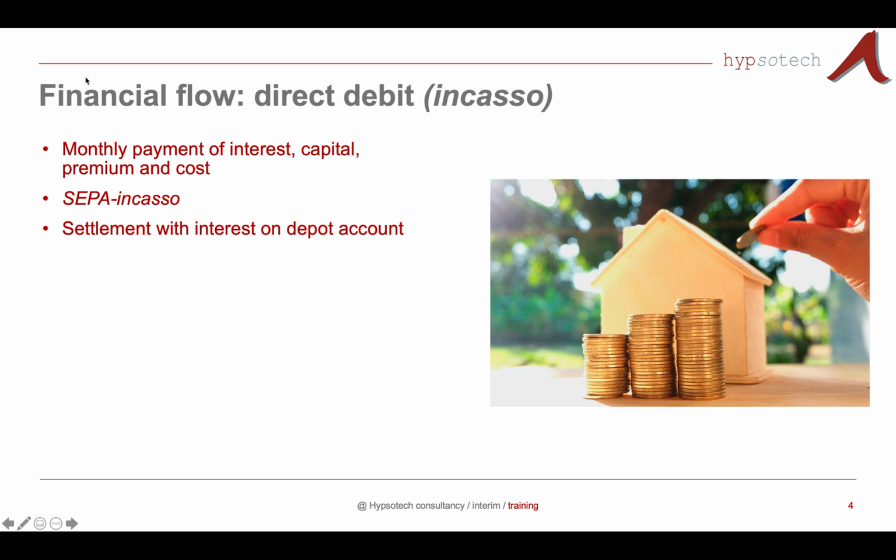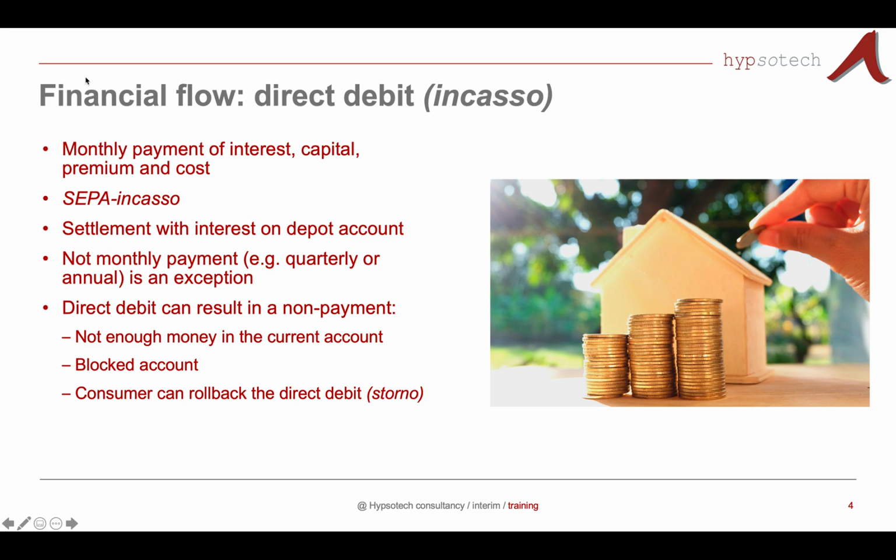In the calculation of the amounts, there is a settlement between the interest on the depot account and the rest of the cost from the loan. And it's really an exception if you do not have a monthly payment, quarterly or maybe annual. It's really an exception.